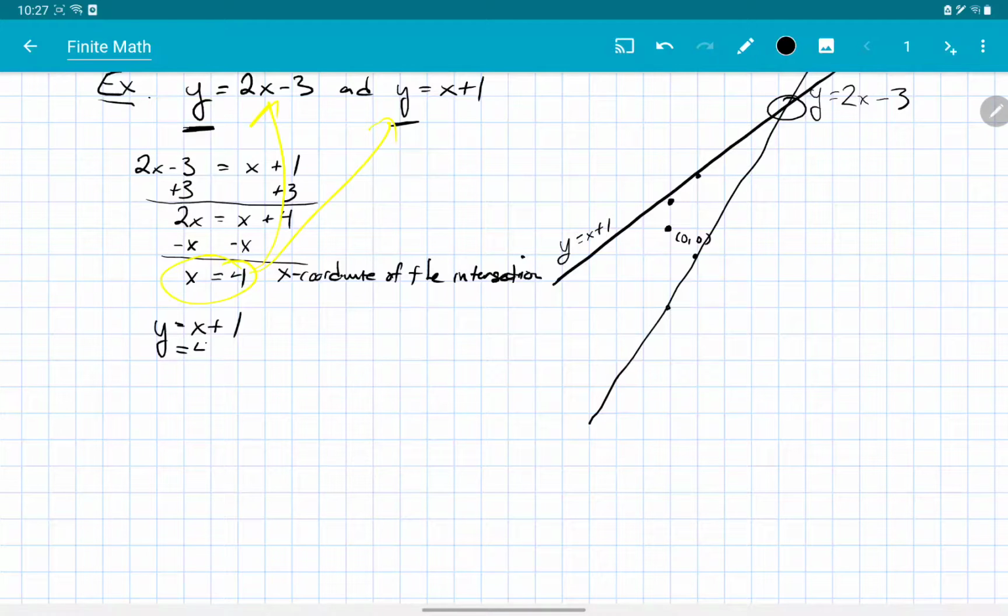So y is equal to 4 plus 1, which is 5. So the solution to both of these equations is x equals 4, y equals 5. And looking at our graph, we'd have 1, 2, 3, 4, and 1, 2, 3, 4, 5. Of course, this picture isn't perfect, but it's in the right vicinity.